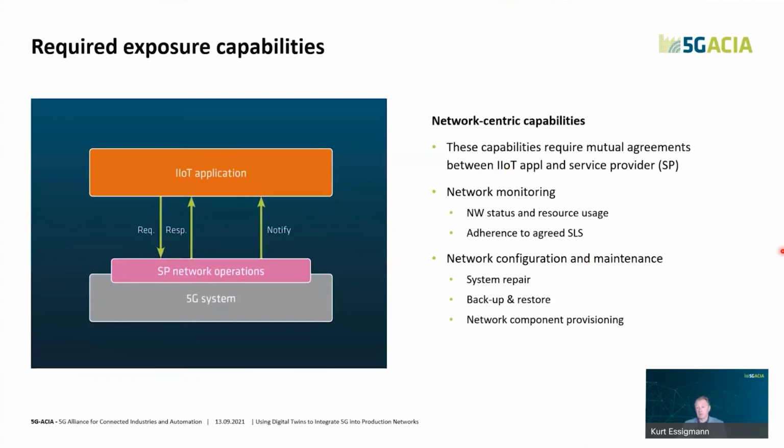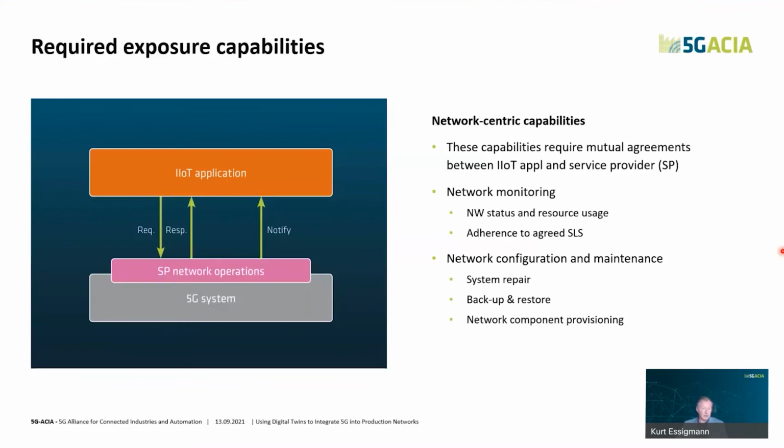If you have a service provider operating a network or slices of his network for different enterprises, I think it is pretty clear that the enterprise may not do whatever network reconfigurations he would like to do. So he cannot just restart the network or restart a node. That is something that must be very clearly handshaken with the service provider beforehand, what kind of actions are needed.